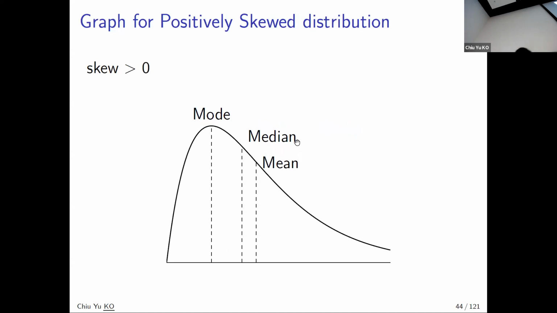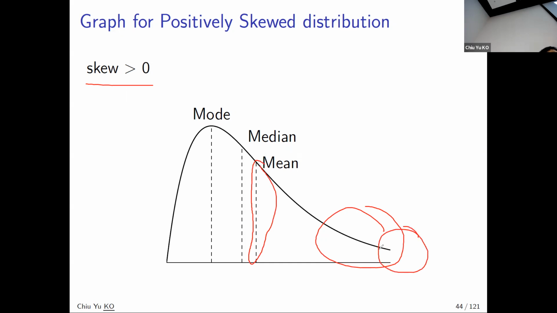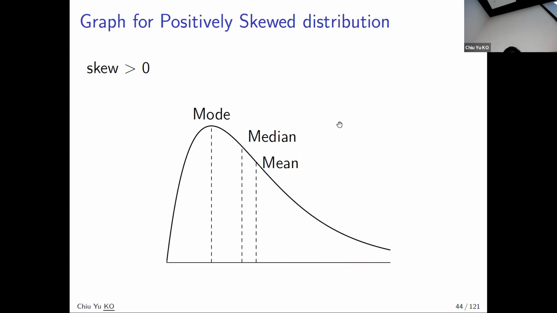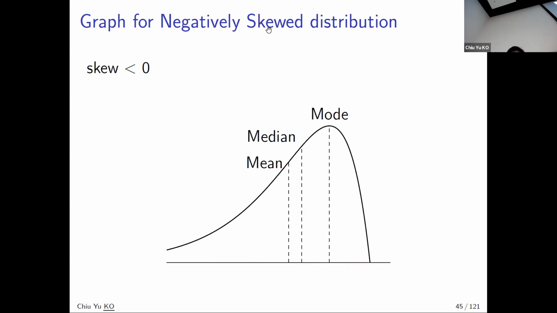If like this, a lot of the data positive here, that will be skew because the mean is here, and this data raised to the power 3 will make it very large compared to this number, which the power 3 will not be enough to compensate. That will be positive. And if you look at the other one, this number will be way smaller compared to this guy because raised to the power 3. So that's why it will be negative.